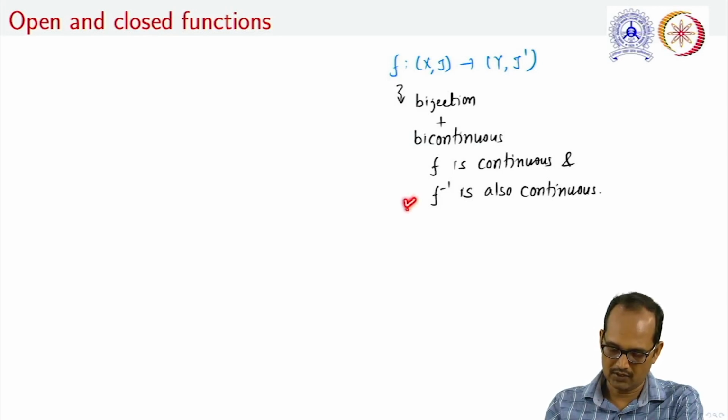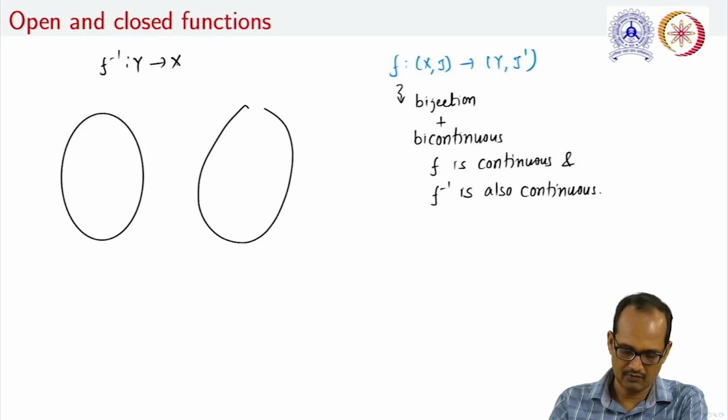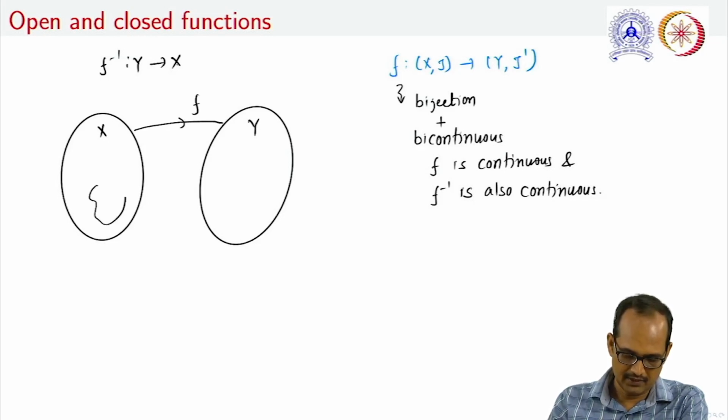When we talk about the continuity of f inverse, which is a map from Y to X, if these are the sets X and Y and f is a map, then let us take any open set here, let us call it H. So this H is tau open, and continuity of f inverse means the inverse image of this H under f inverse should belong to tau dash.